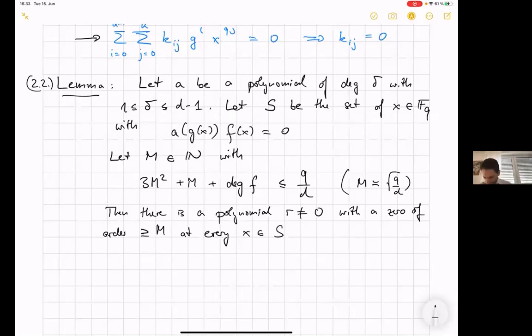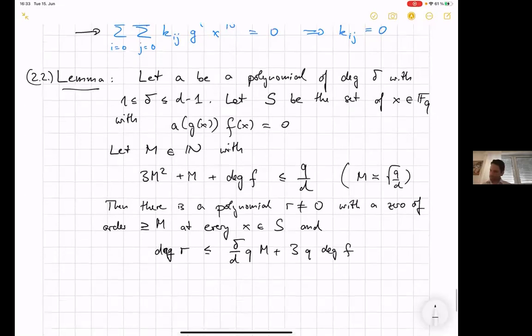That's pointless on its own: if I take the degree sufficiently high, this is very simple, but I have control on the degree. The degree of R is bounded by delta over d times qm plus 3 times q times degree f.